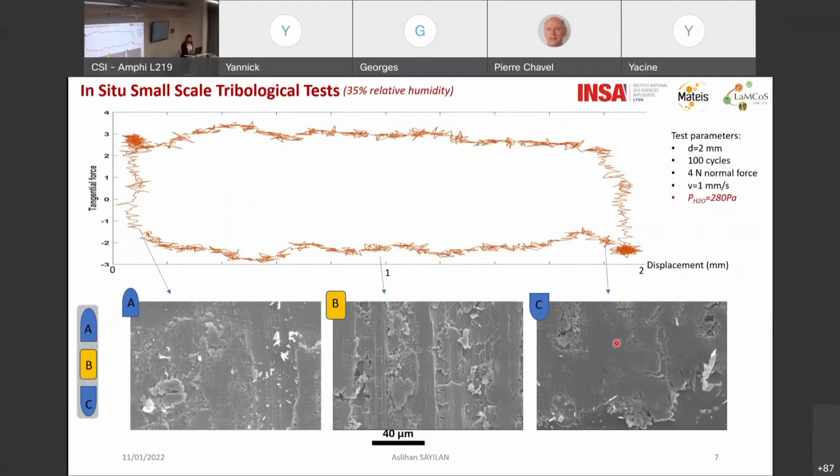Here, for example, for the region C, at the end of the wear track, we have more compact and cohesive deformations, while we have a more textured surface with some plastic deformation for the center, or some powdery structure for the starting point of the wear track. So we thought that it could be nice to correlate the texture and the friction coefficient with each other.